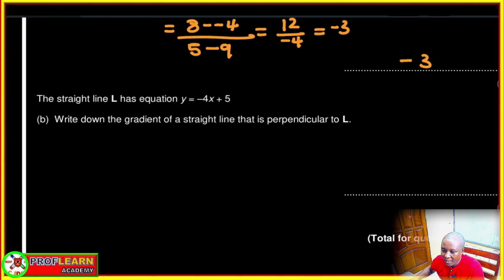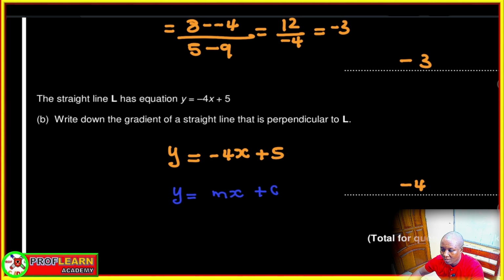Then a straight line L has this particular equation, and you are supposed to write down the gradient of the line that is perpendicular to L. If you write this line like that, y equals to that, m is the gradient and c is the intercept.